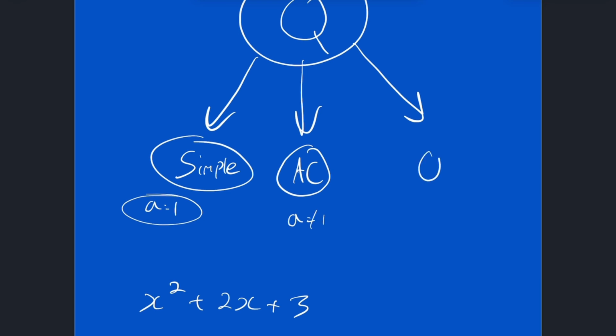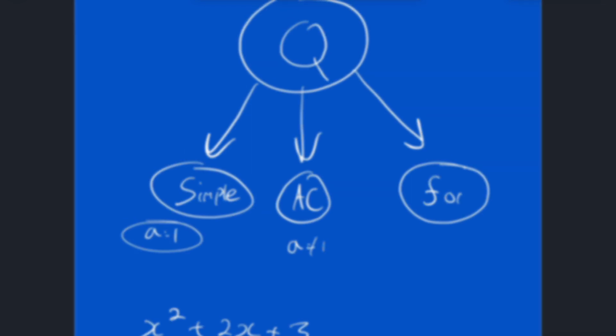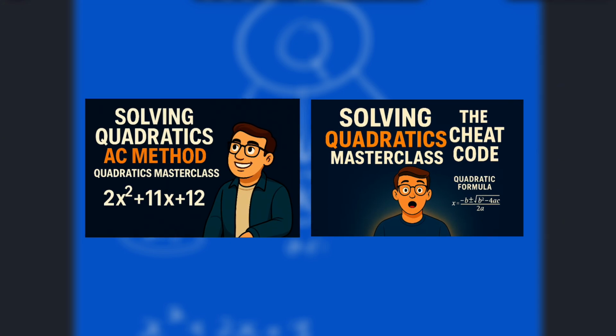And the other one is the, I'm going to call it F, the quadratic formula, okay, which you might have seen before. So these are the 3 methods in solving quadratics that you will need to know. And I'm going to be going through these in these videos on your screen right now. So feel free to watch these now to go through these next methods, and you'll be able to solve any quadratic that ever comes up on your paper.